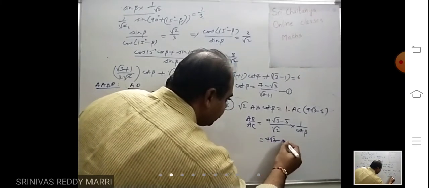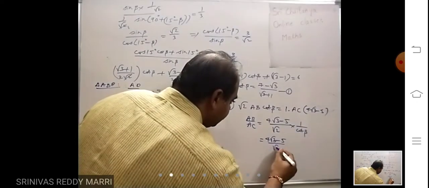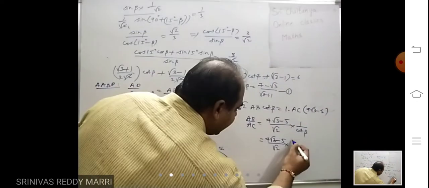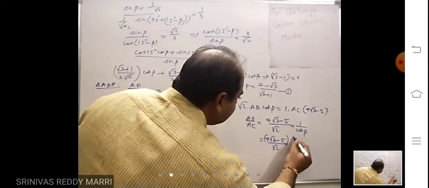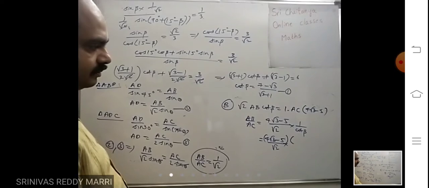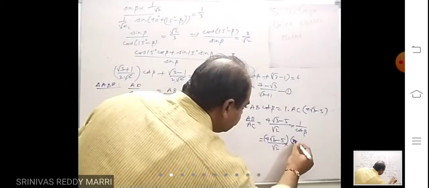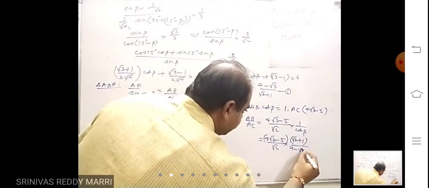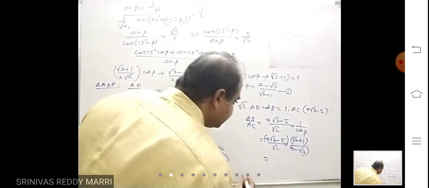Dividing by root 2 into 1 by cot beta, I will get here root 3 plus 1 divided by the reciprocal 7 minus root 3.